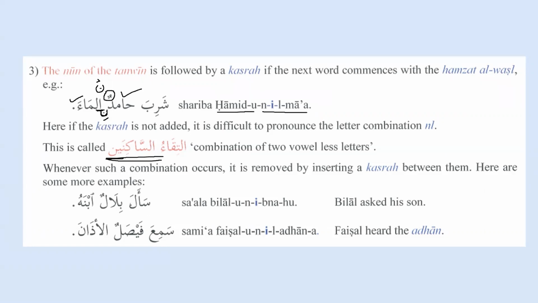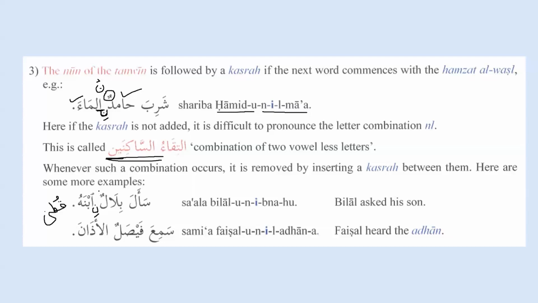Similarly, we say sa'ala bilalun ibnahu. So we will say sa'ala bilalun nibnahu. Now the noon will be added, and this is called noon qutni. That's a small noon, and it has a name as well. It is always read with kasra. You cannot read it with fatha or dhamma.